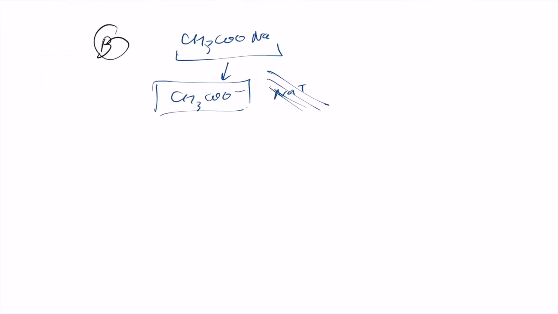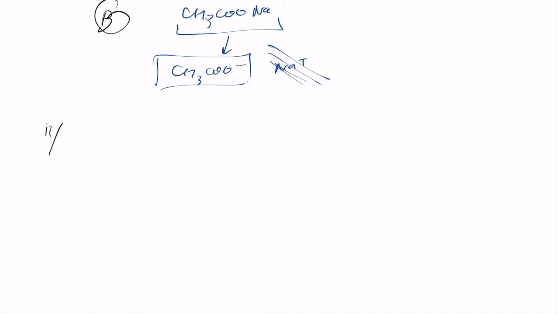So let's move on to the second part of this question. Calculate the pH of 0.1 molar aqueous ethanoic acid given Ka. We need to first ask ourselves, what is the equation of dissociation for the ethanoic acid?